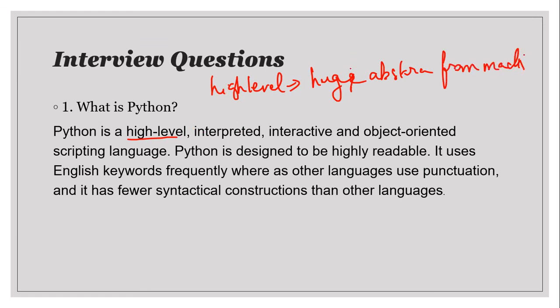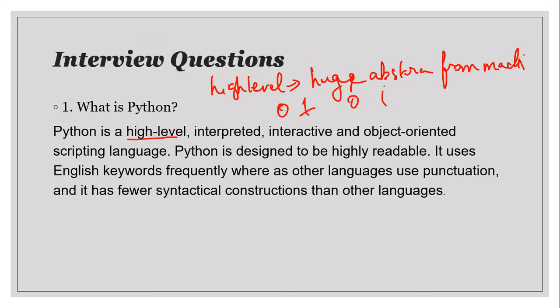What it means is that we usually write in Python syntax, which uses English based keywords, and we know that the processing which happens in the machine is basically related to 0 and 1. Machines understand 0 1, the numeric data, not the English data.